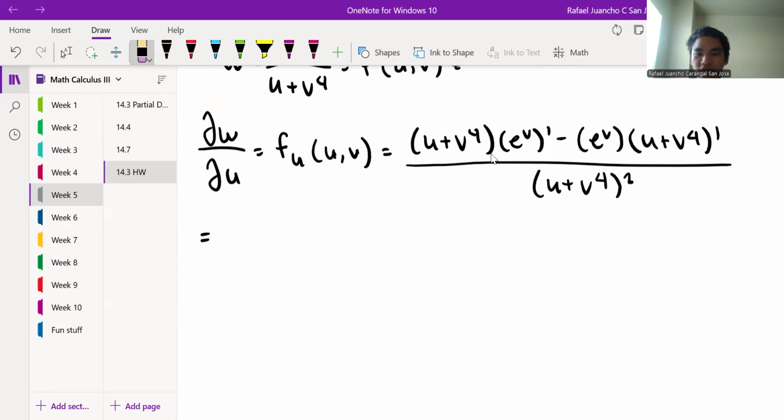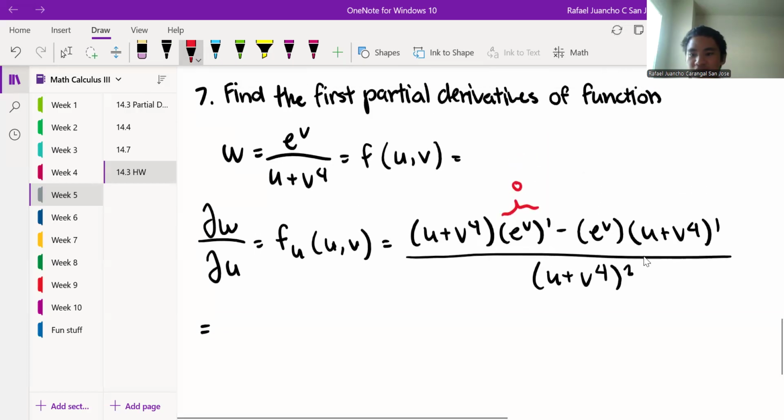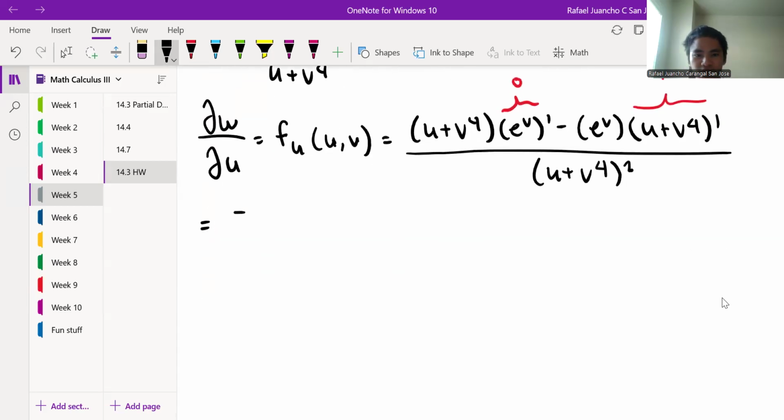So I actually just delete this whole thing because that one's a 0. Let me do this. That one's a 0. The derivative of this, so this one's a 0, right? This one's a 1. So I actually just get negative e to the v all over this thing squared. So it was actually easier to do a quotient rule instead.